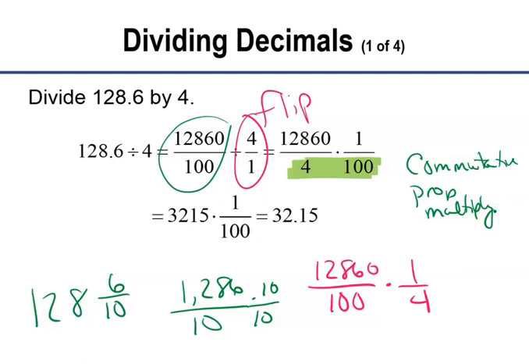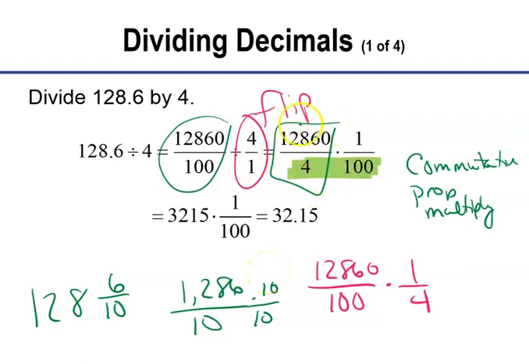Now for the motivation. Why did they do those two things? Why did they put it over 100 or multiply top and bottom by 10? And then why did they reverse the 100 and the 4 and make it 4 times 100? Well, it's so that we could easily divide 12,860 by 4. Now, remember, it would have been 1,286 when I had it before.